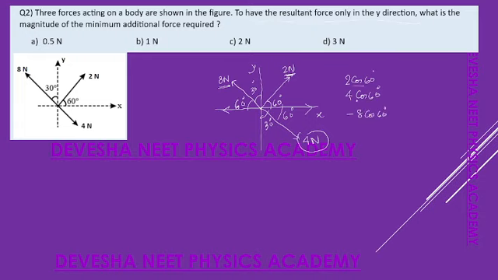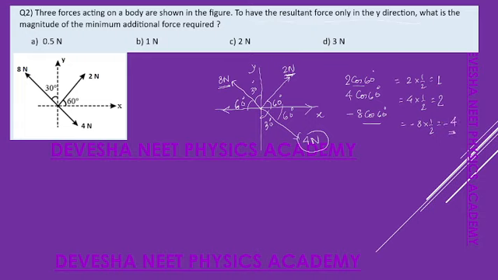So 2 cos 60 plus 4 cos 60 minus 8 cos 60. You know cos 60 is equal to half. So 2 into half is equal to 1. 4 cos 60 is equal to 4 into half, which is 2. And 8 cos 60 is equal to 8 into half, so minus 8 into half is equal to minus 4.